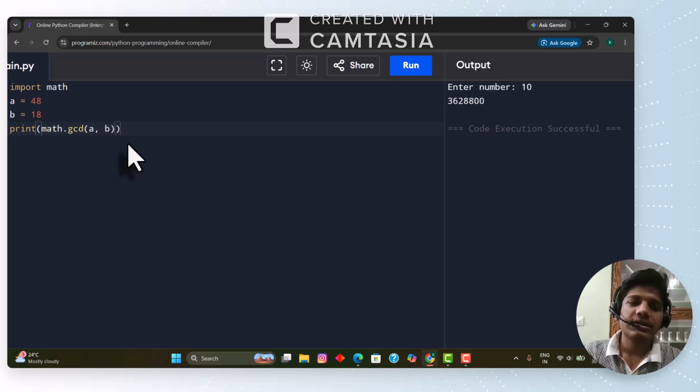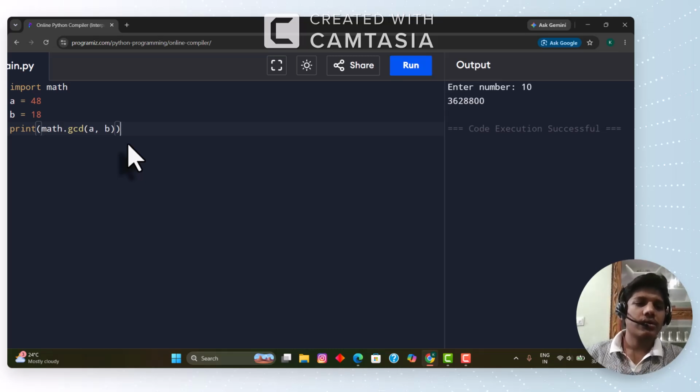We already discussed this when we tried with different functions. It was showing that you entered only one argument, you have to enter two arguments, or you entered three arguments, you have to enter up to two arguments only. Same here in GCD, we can enter up to two arguments.